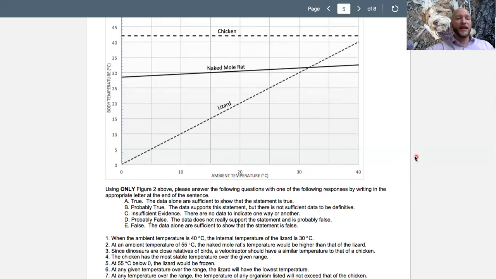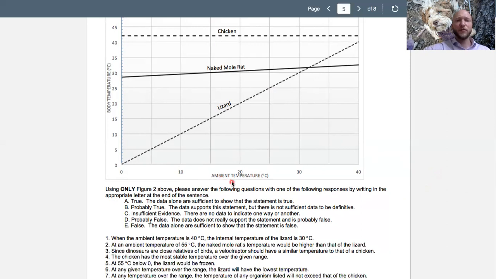If the question asks about an ambient temperature at 100 degrees, we might be able to infer things from this graph, but we don't have specific data at 100 degrees Celsius. So we can say things are probably true at 100 degrees Celsius, but we can't say for sure. We can't say definitely true. Does that make sense?